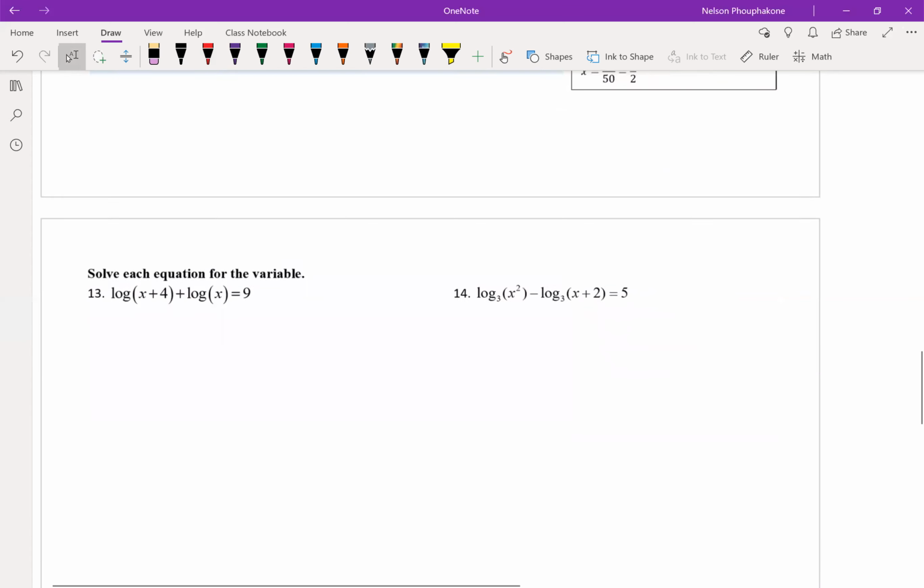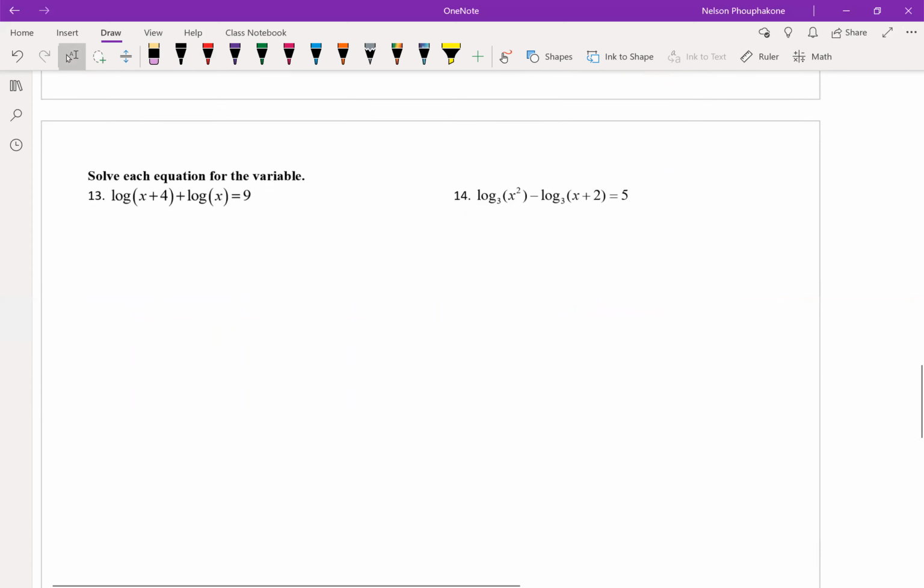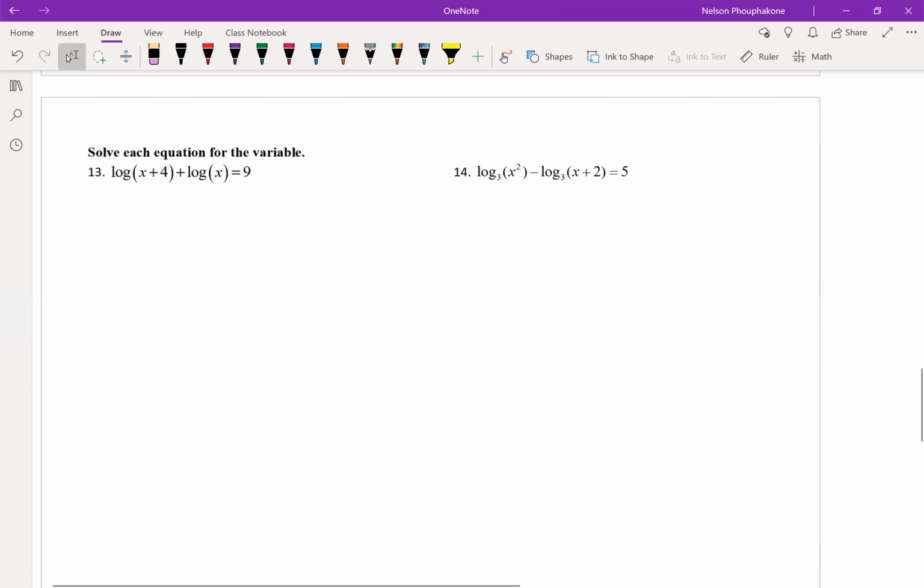Now let us look at the following example. To this one, we first know that we would like to combine the left-hand side into a single log equal to 9. And now, what we are going to do is take care of this.